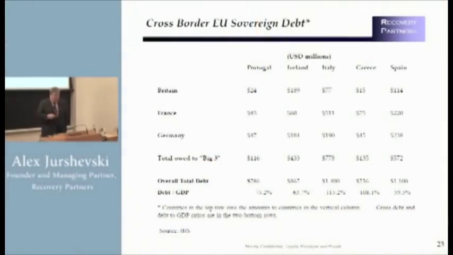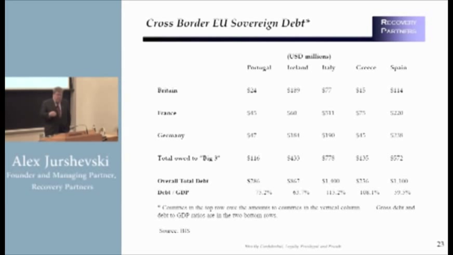Now, the scale of the problem is exacerbated by the fact that there are huge cross-border claims. And this is what's making the situation in Europe extremely tricky to navigate. This is why they've stretched out the restructuring of the Greek economy, and the inevitable exit of Greece from the Eurozone.